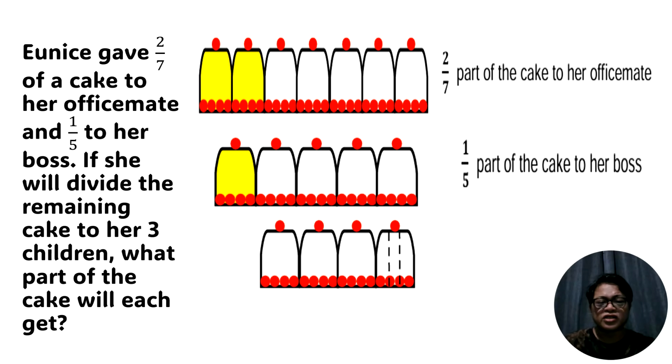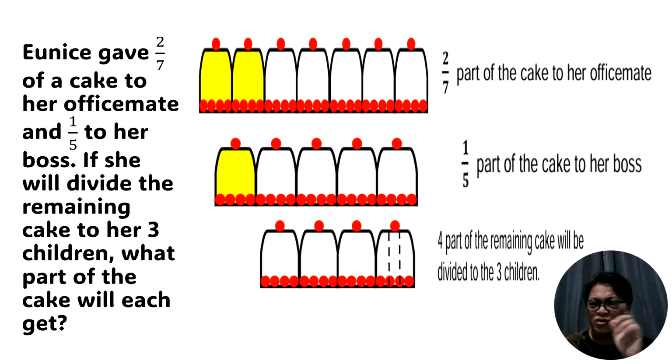in which 4 parts of the cake will be divided equally among her 3 children. So as you can see there, these remaining parts, you have 4 parts. This will be divided among her 3 children. So how many do you think will each of the child get? Okay, so you have there this part, which is 1 whole, and then another region here, which is 1/3.